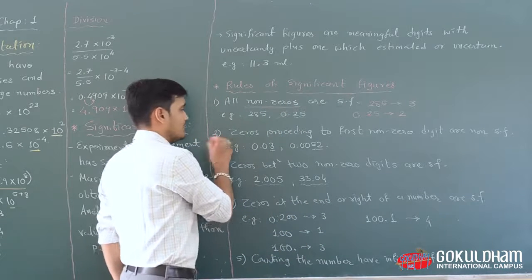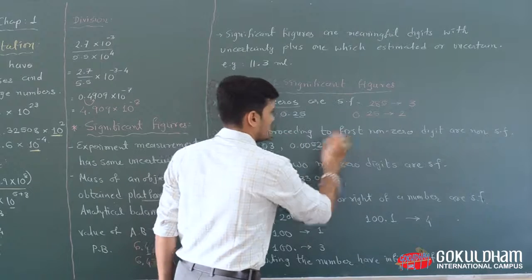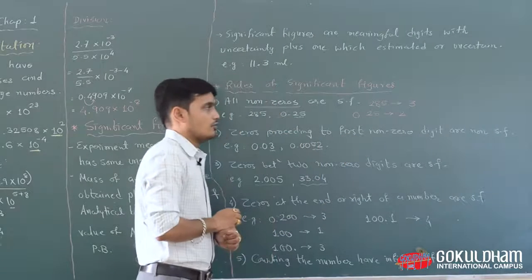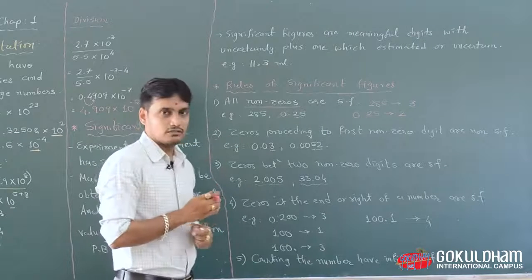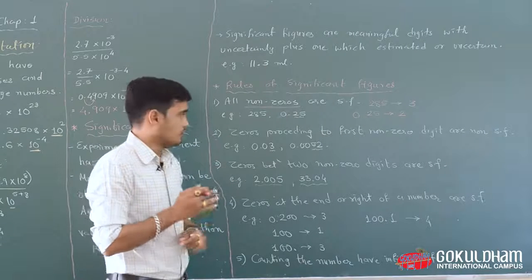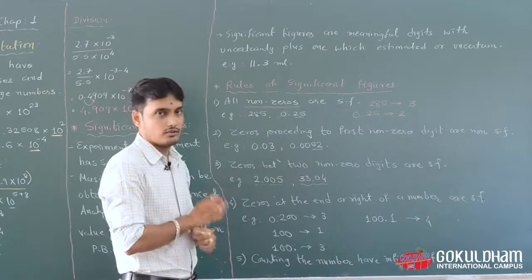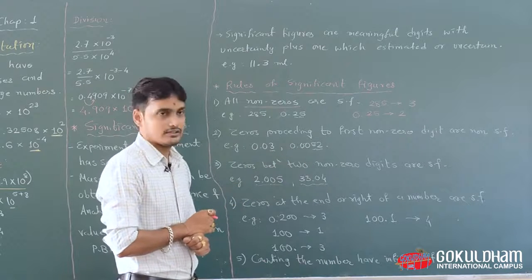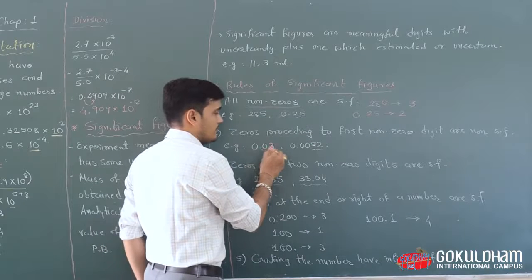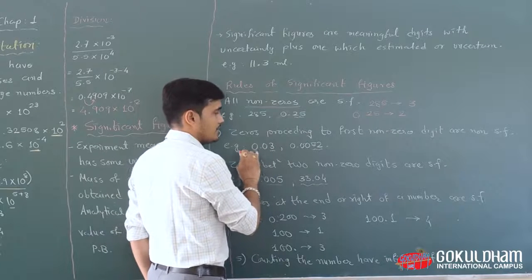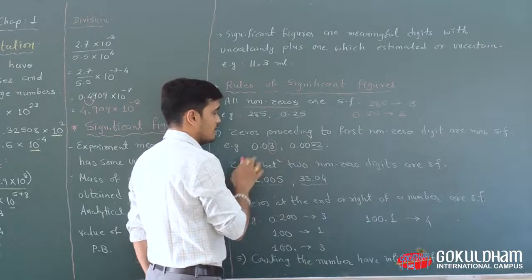The second rule is zeros preceding the first non-zero digit are non-significant figures. When the value contains more zeros, all those zeros will not be counted as significant figures. So 0.03 means total digits are 3, but the significant figure considered is only 1.